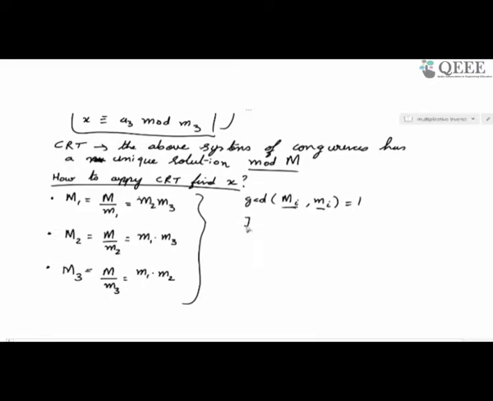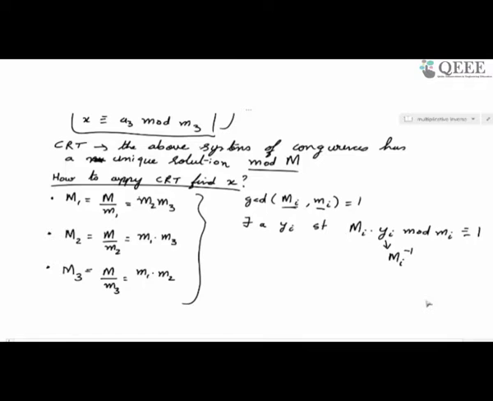In other words, there exists a yi such that capital Mi into small yi mod mi is congruent to 1. So yi is the multiplicative inverse of capital Mi.